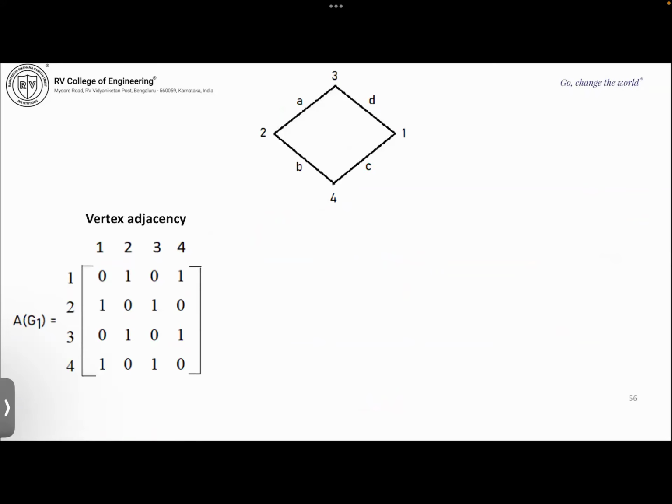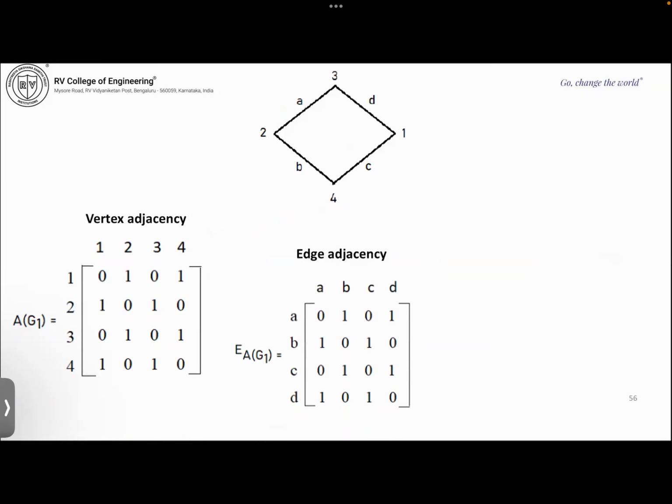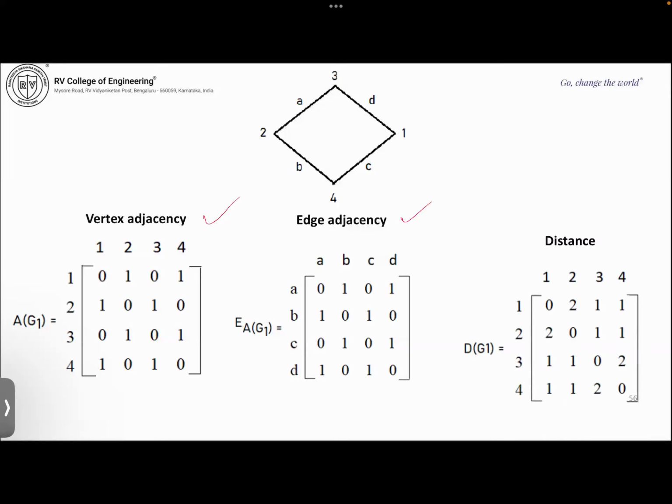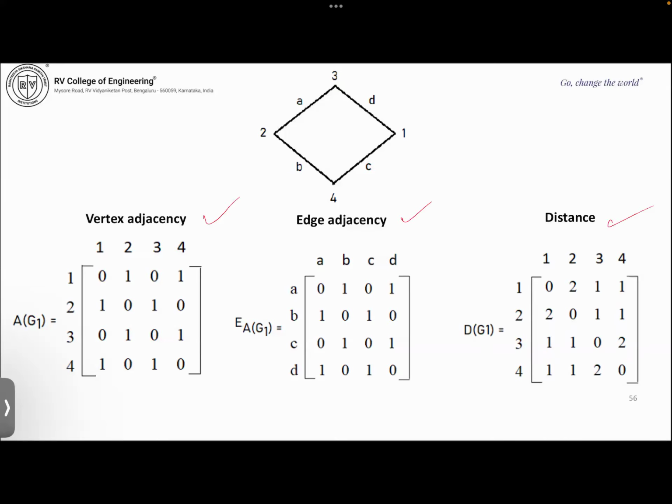So this is another graph of cyclobutane with vertices labeled as 1, 2, 3, 4 and edges as ABCD. And these are the corresponding vertex adjacency matrix, edge adjacency matrix and the distance matrix. So using these three matrix representations, the computer can predict that, okay, this molecule is having this structure.